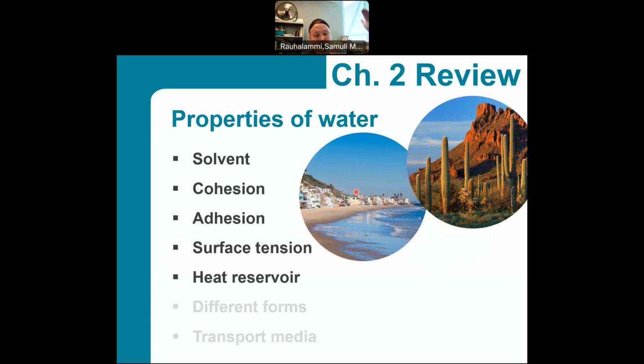And overnight, when the temperatures drop and it gets colder, the water slowly releases some of that heat that it bound. So the temperature fluctuations are much smaller in coastal areas where you have big bodies of water next to that area.